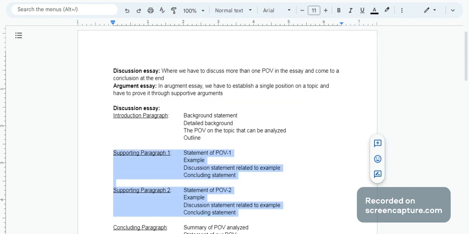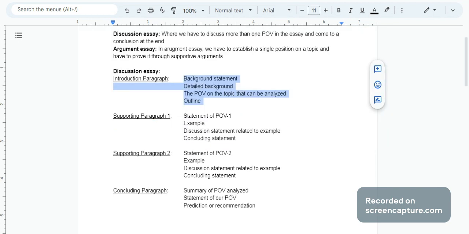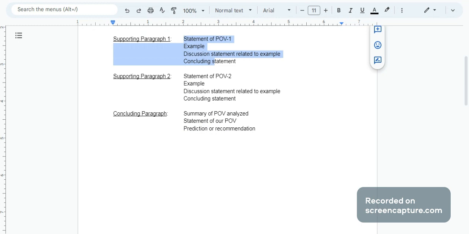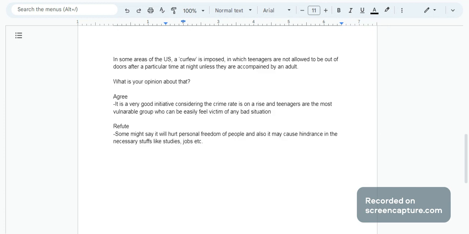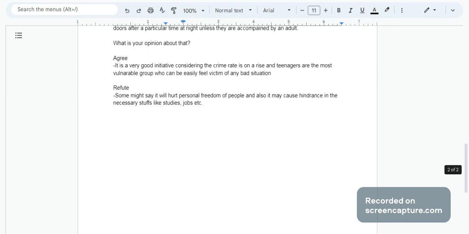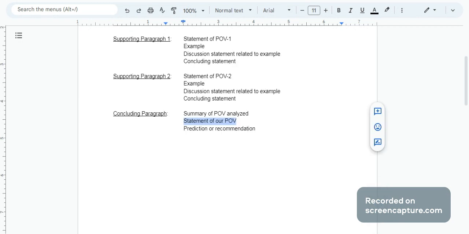In a discussion essay, you don't write anything, whether you agree or disagree, in the beginning or in supporting paragraph one or supporting paragraph two. The verdict, the main statement of your POV, what you think is right, is going to be here. One of these two, you choose, and the one you choose, you write it here. This is the most important line in our concluding paragraph.